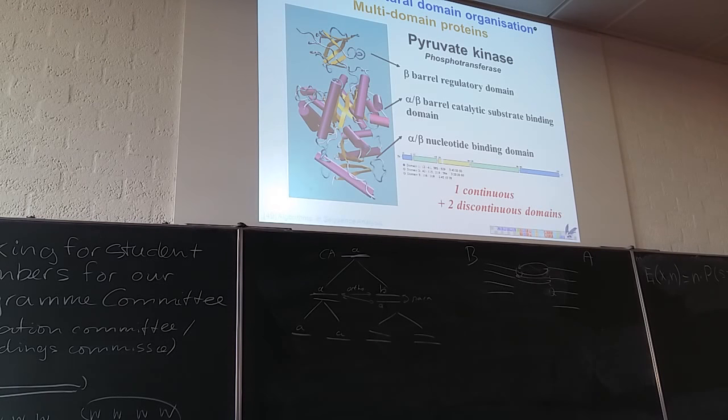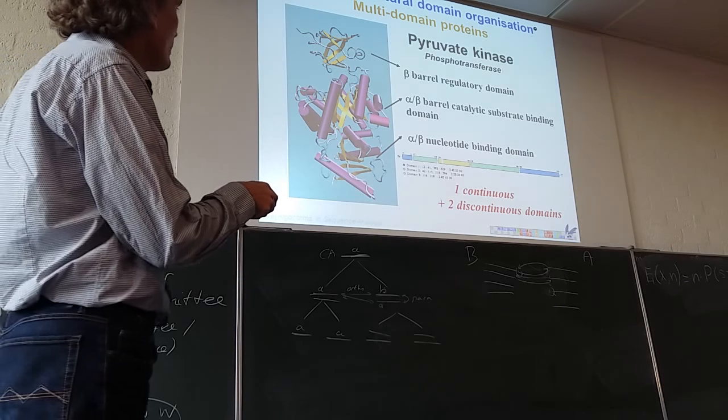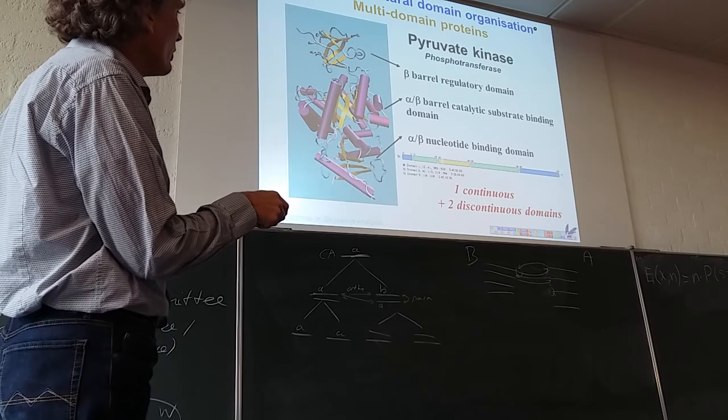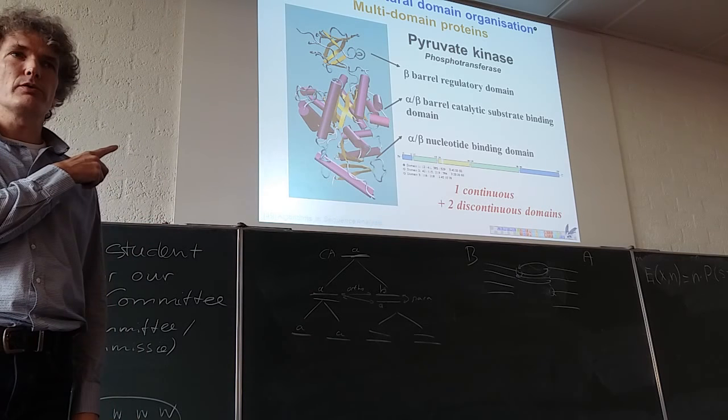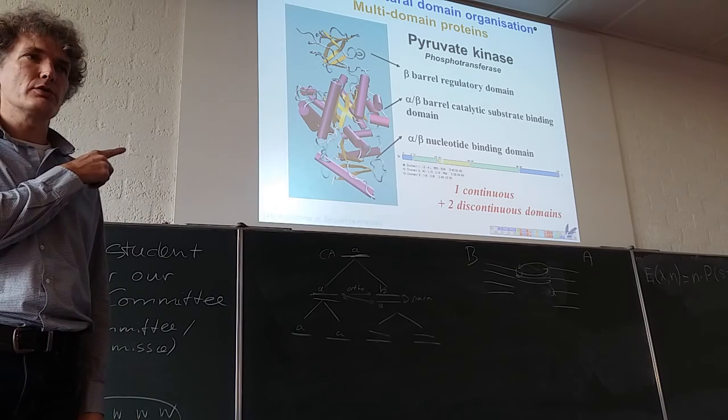Okay, so this is Jaap's pet example of complicated domain architecture, but if you search for it, there are many examples like this. This is actually 3 domains, but in the sequence it looks like 5. Have you seen this one before in the course? No? It's pyruvate kinase.